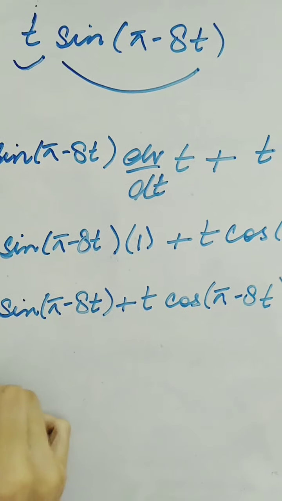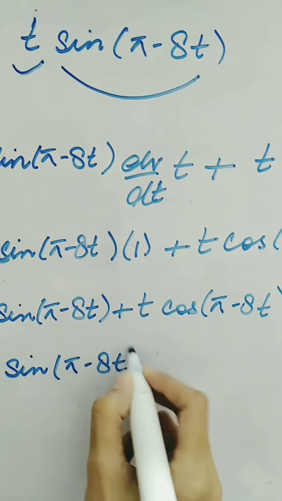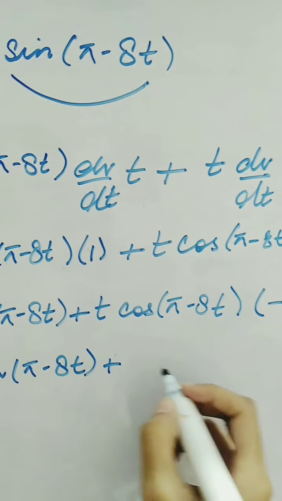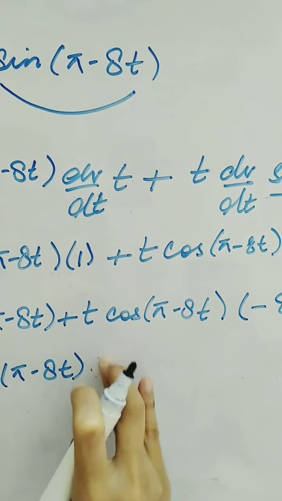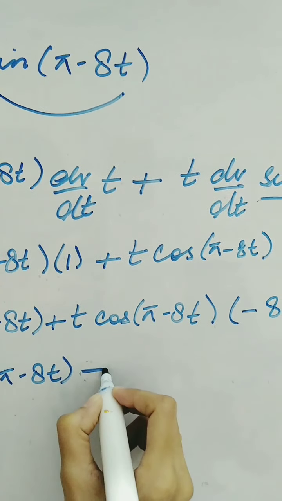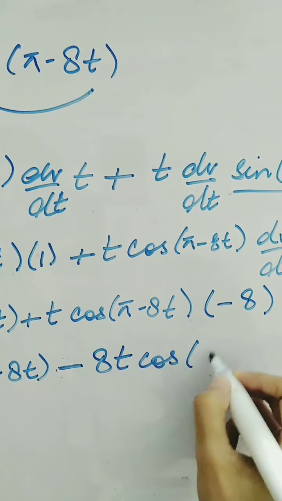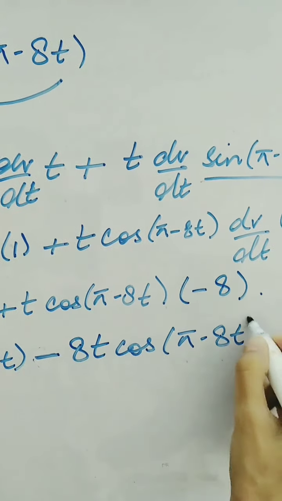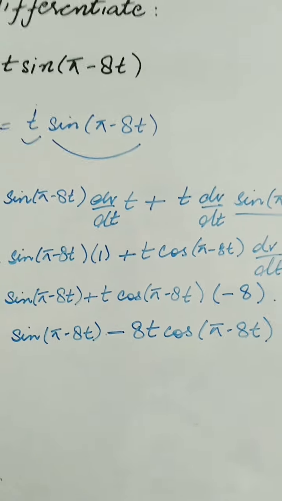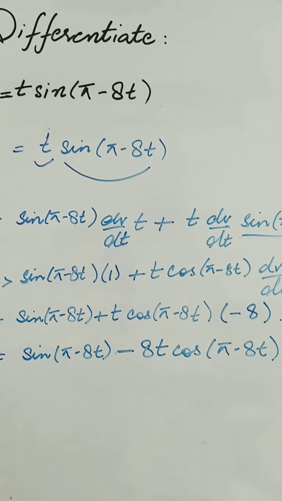So we have sin(pi minus 8t) plus, this minus is going to multiply with this t, so we have minus 8t cos(pi minus 8t). And this is our answer for the given function.